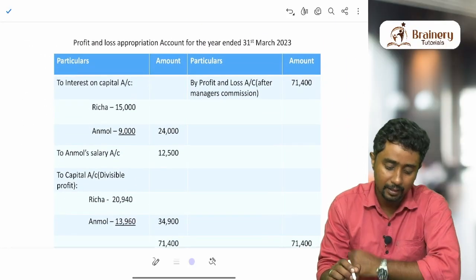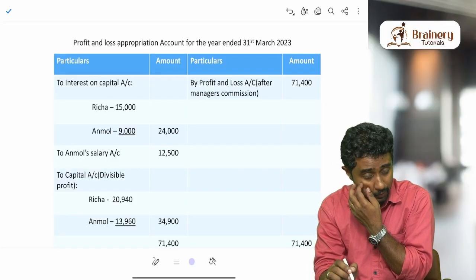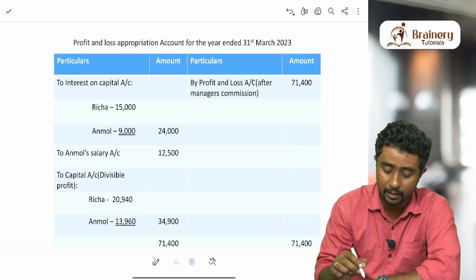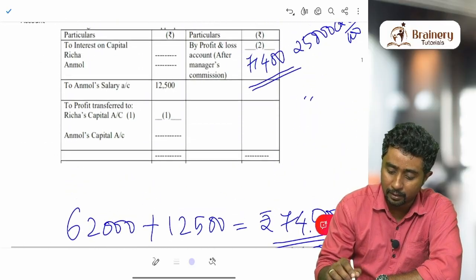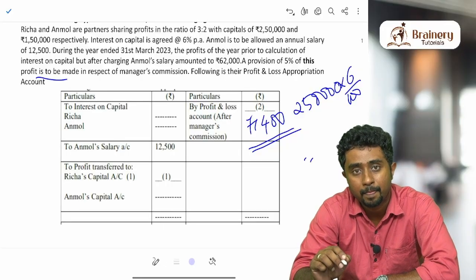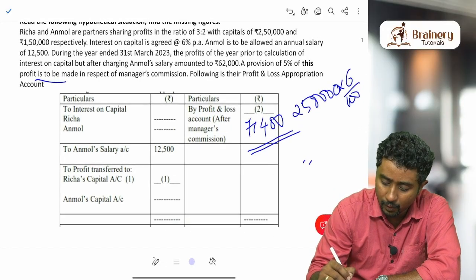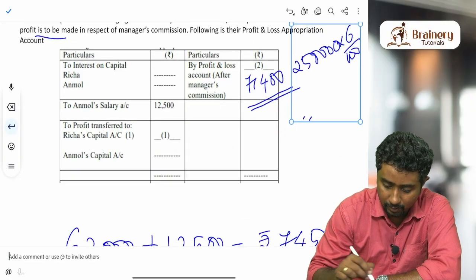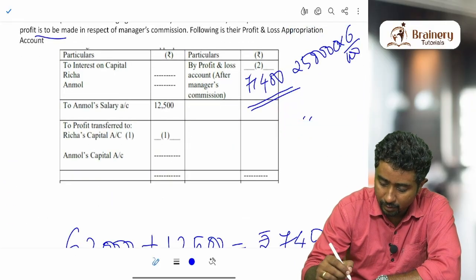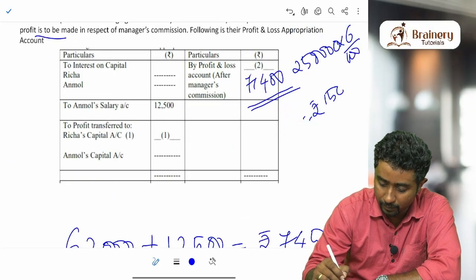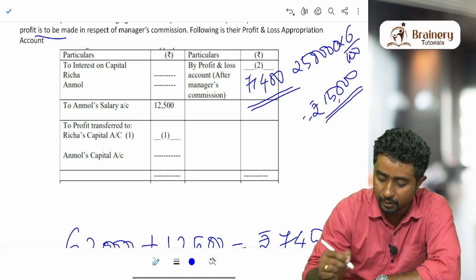As you can see here, I have prepared the profit and loss appropriation account to show you. Anyway, 2,50,000 into 6 by 100, the amount is 15,000.